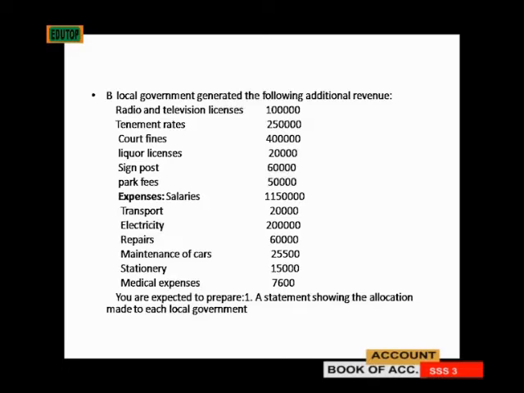Now, you are expected to prepare the statement showing the allocation made to each local government. Don't forget, based on equity basis and population basis.